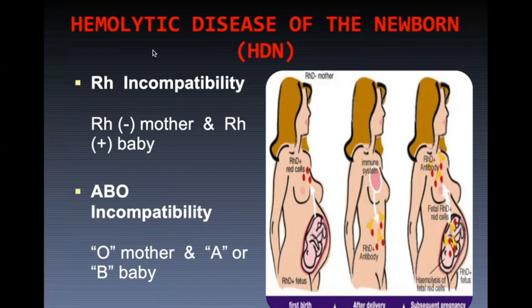Therefore, they are incompatible because of RH negative mother and RH positive baby. Also ABO incompatibility, O mother and A or B baby. So after delivery, then subsequent pregnancy, it will cause a hemolysis of fetal red cells.